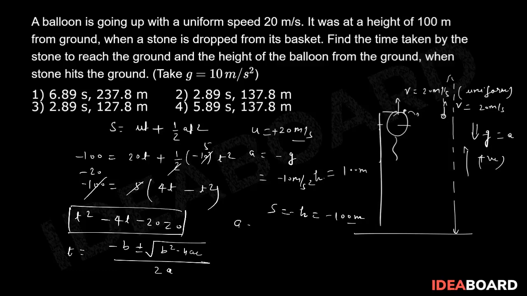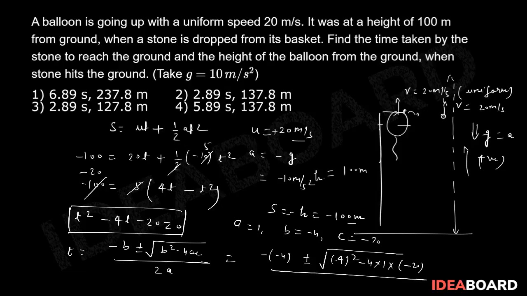Clearly here a is equal to 1, b is equal to minus 4, c is equal to minus 20. So minus of minus 4 plus minus root of minus 4 square minus 4 into 1 into minus 20, divided by 2 into 1, correct?